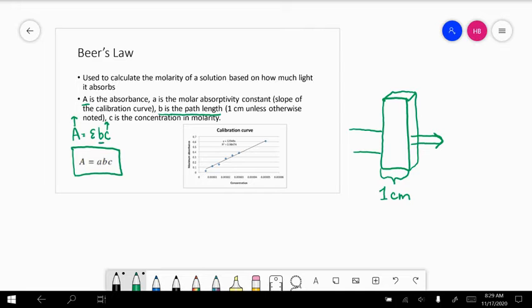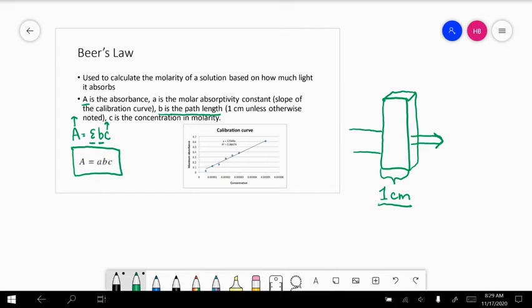This b value here has to do with the length of the cuvette, which is 1 centimeter unless noted otherwise. And this particular molar absorptivity constant is the slope of your calibration curve.